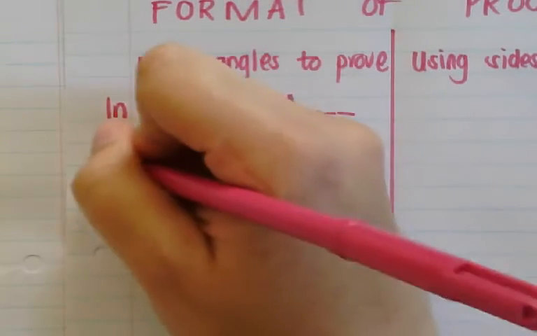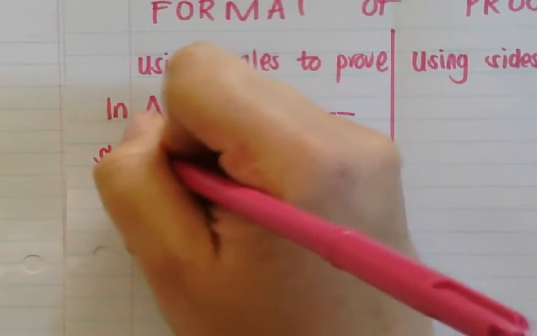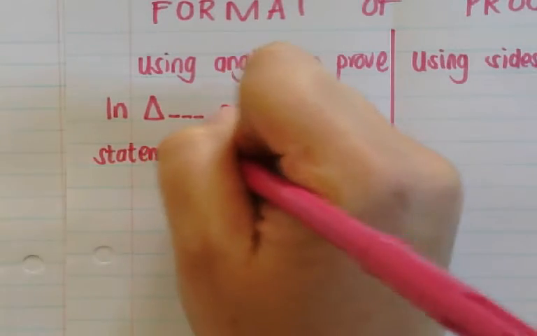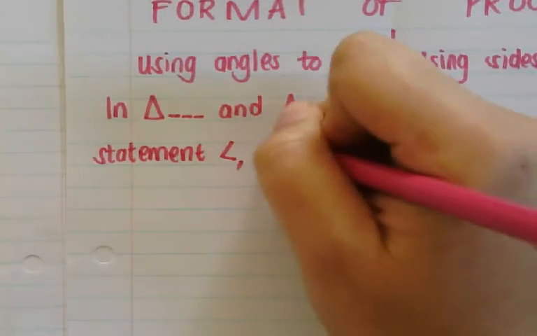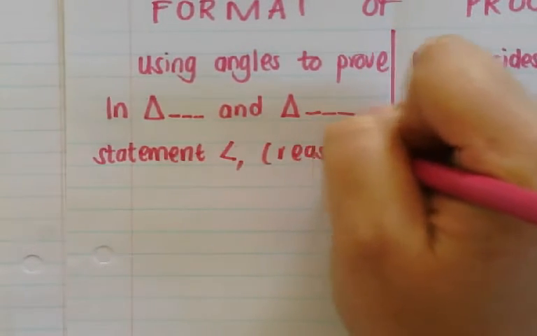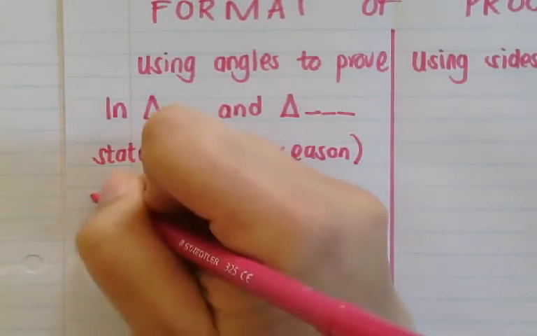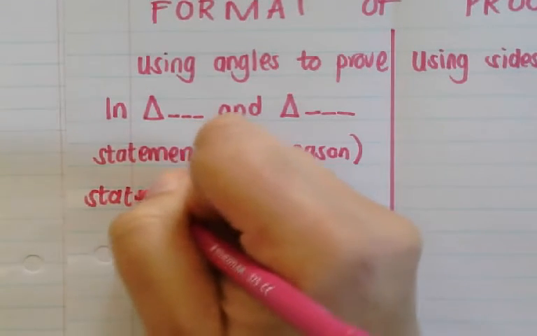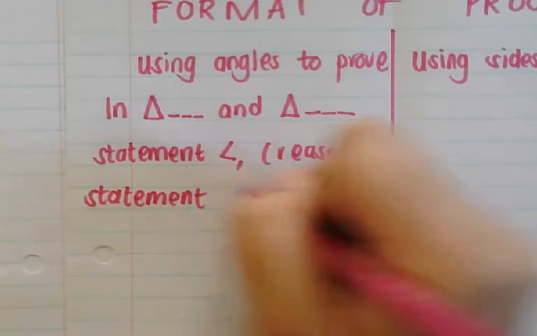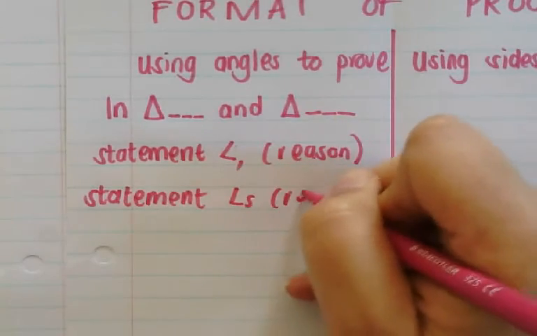So my statement would be about the first set of corresponding angles with its reason. My second statement would be about the second set of angles with its reason.